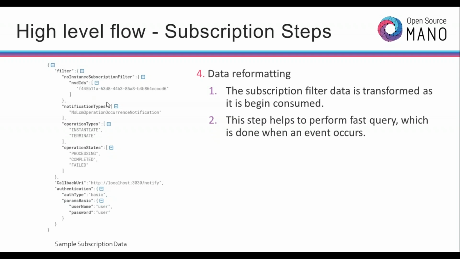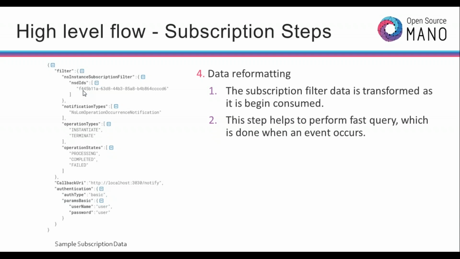So we can see the NS instance subscription filter, and in that there is a key like NS IDs. This is one of the parameters specified in the source and present in this example. There can be many other identifiers you can refer to. For now, we are saying this ID.